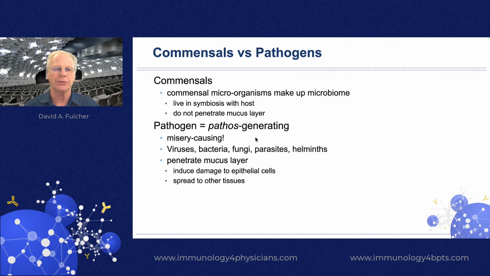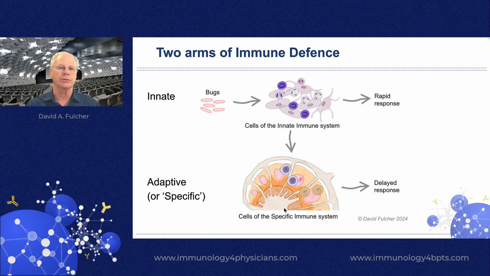Pathogens, coming from pathos, makes us miserable. I learnt that by watching The Chase, so always pick up stuff looking around. Misery causing, so these are things like nasty viruses, bacteria, fungi, parasites, helminths, which do penetrate the mucosal layer, inducing damage to the epithelial cells and indeed spreading to other tissues.